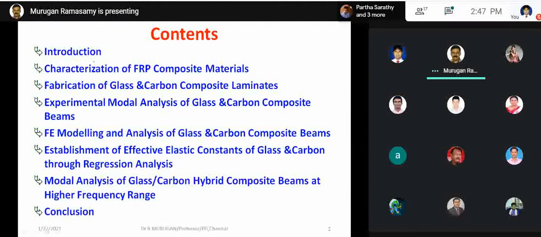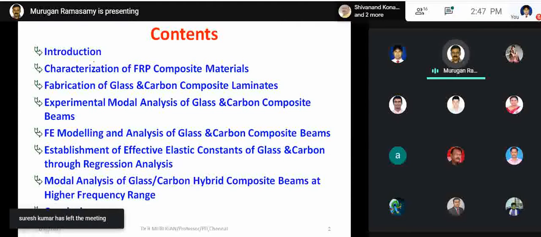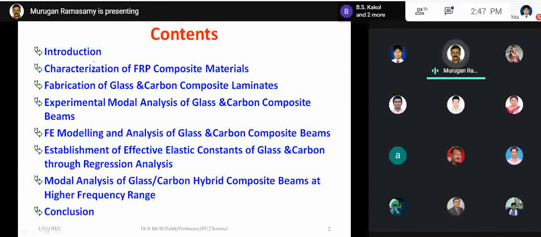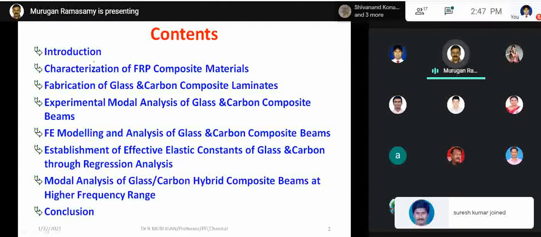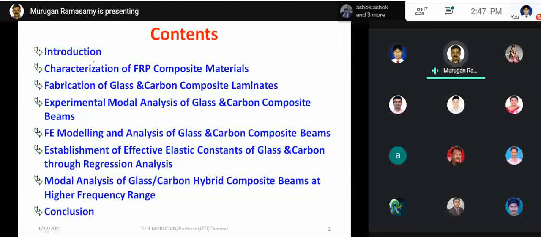Then, for our small case study, we fabricated glass and carbon composite laminates in our lab. For these glass and carbon composite laminates, we are trying to evaluate the elastic constants. For these fabricated laminates, first we conducted the experimental modal analysis, and then we did the finite element modeling and analysis for these composite beams.